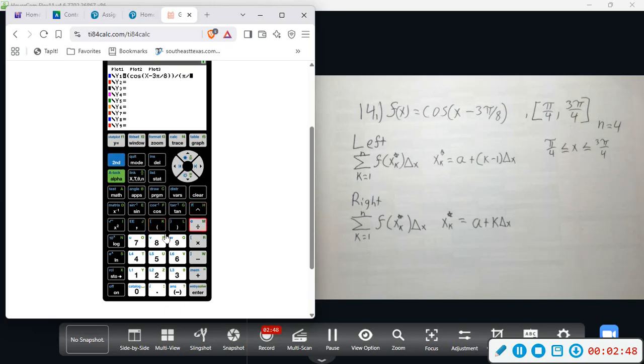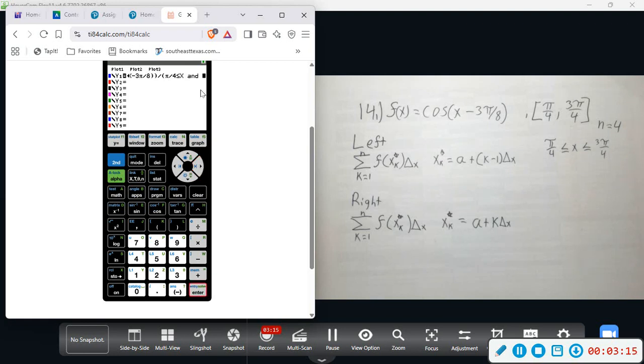Okay, so we'll do pi divided by 4, and then to get the inequalities, we have to do second and math to get test. Have the inequality symbols. I'm going to use number 6. Less than or equal to x, and then we have to do second test, and when we have other conditions we say and.